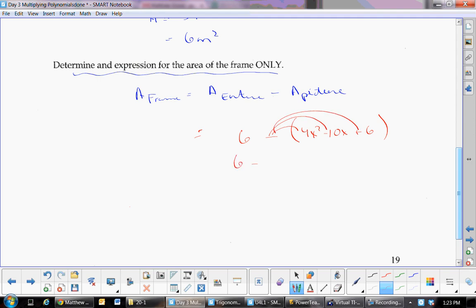So this will be 6 minus 4x squared plus 10x minus 6. So, what happens to the 6's? They're gone. So your answer is negative 4x squared plus 10x.